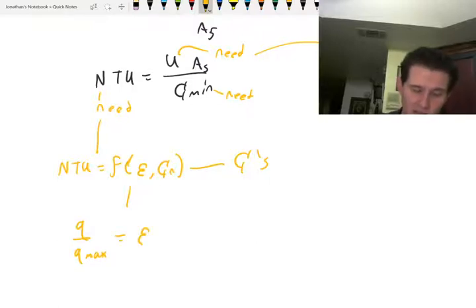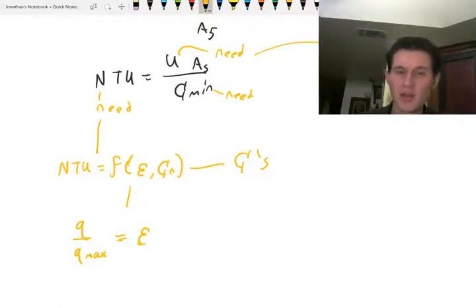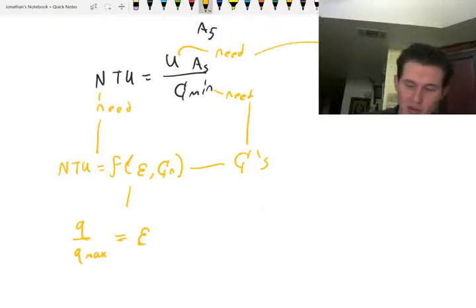So this is the heat transfer rate, this is the maximum heat transfer rate achievable, and this is our efficiency right here. And we also want the Cmin, which means we need C. So we really need our C, we know we need our U, we need our NTUs, and then we have to get an efficiency to make everything work.